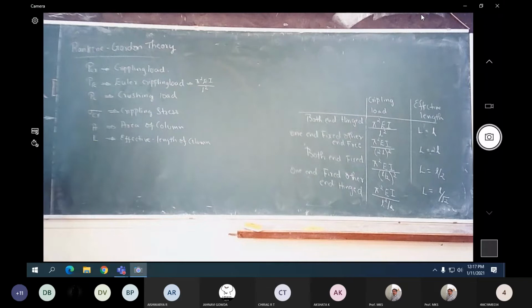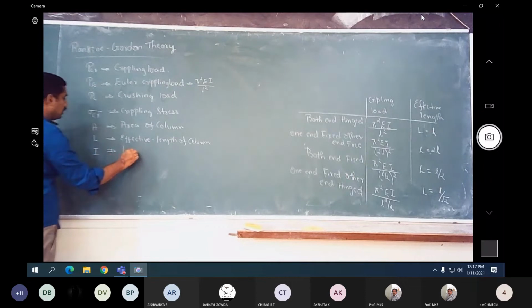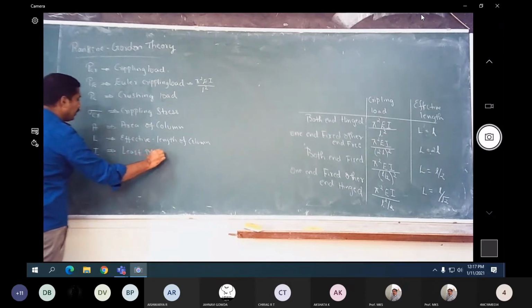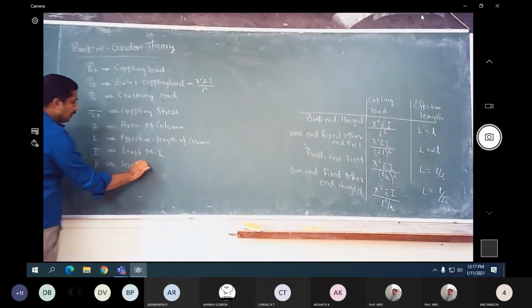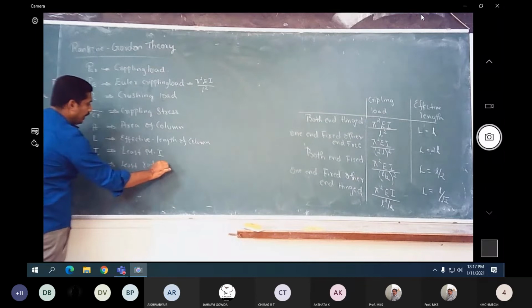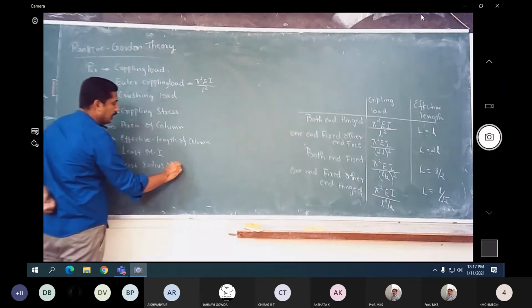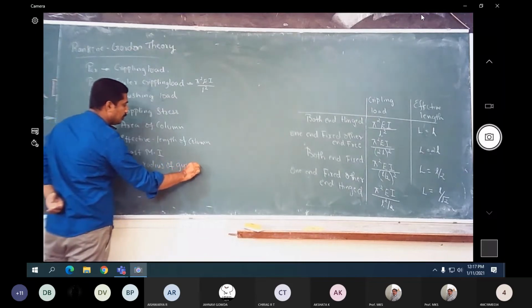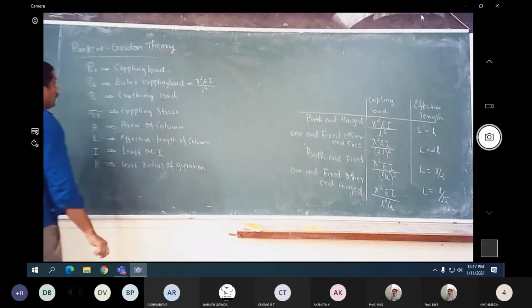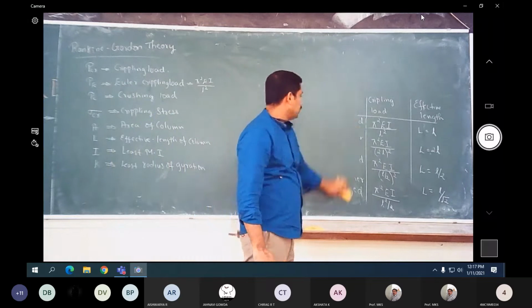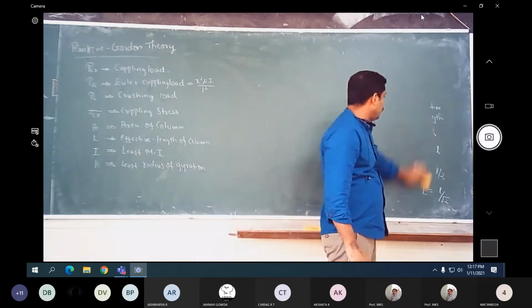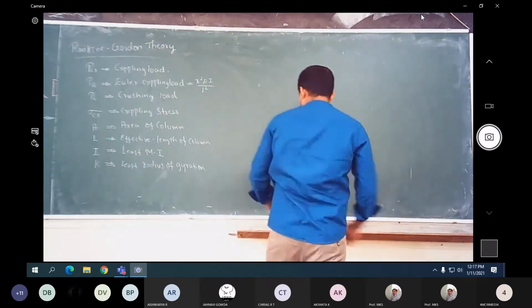Then let I be the moment of inertia or least moment of inertia, and K be the least radius of gyration. So considering this notation for the column, Rankine and Euler derived the expression for all the columns.